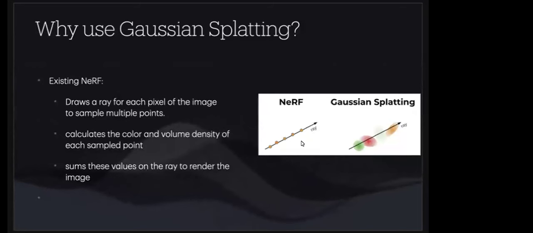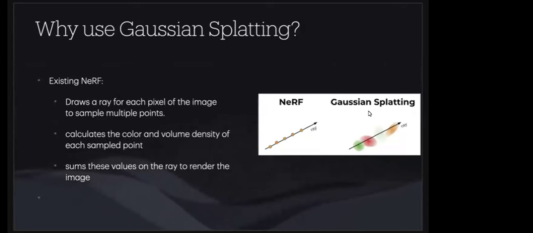But in the case of Gaussian splatting, you're only going to consider those points where the ray is actually meeting, or going through, the mean of those Gaussians. So effectively you're reducing the computation, and you are also not using all the points, because most of the points will not be really important in this case.